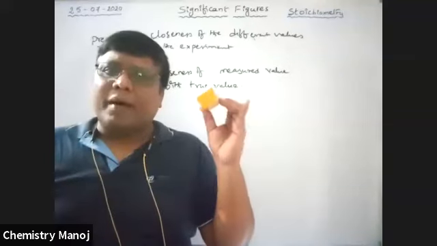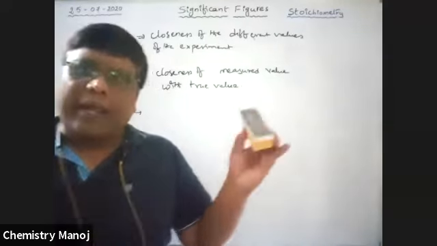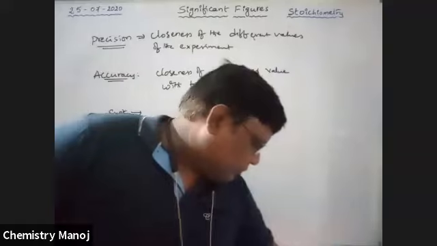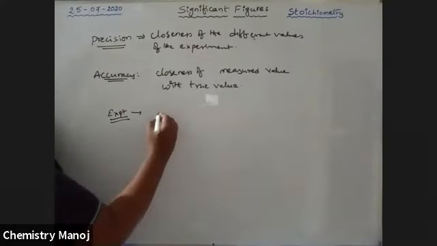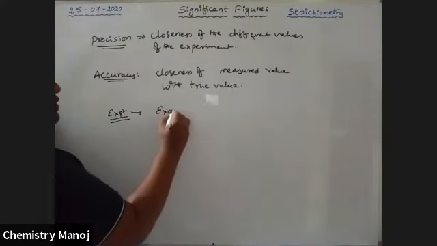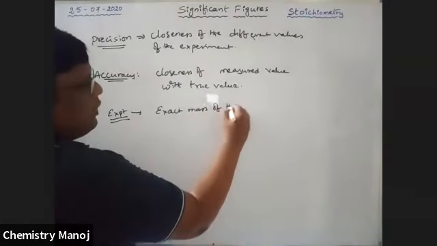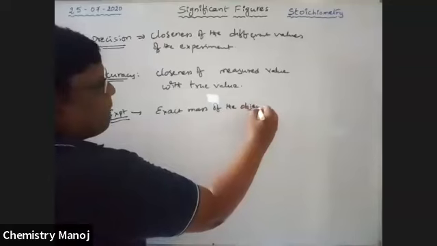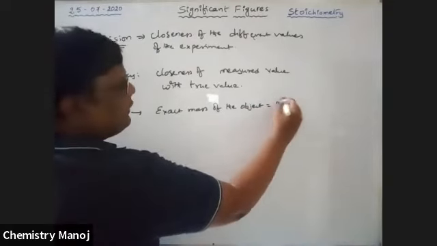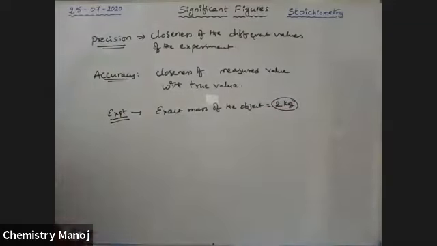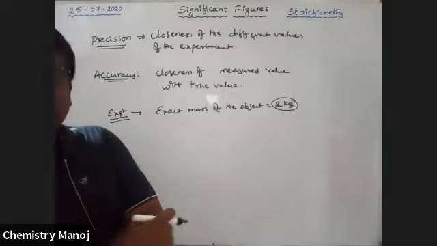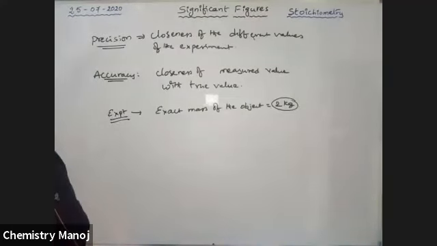Let the exact mass of the object be 2 kg. It is perfect. So the object weighs 2 kg.